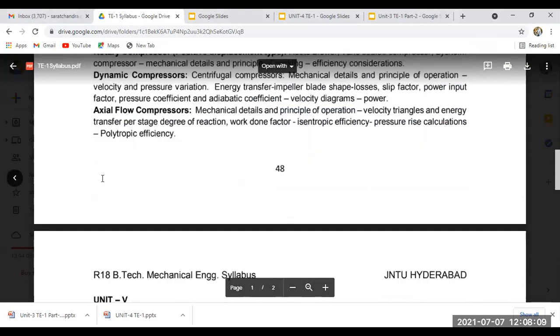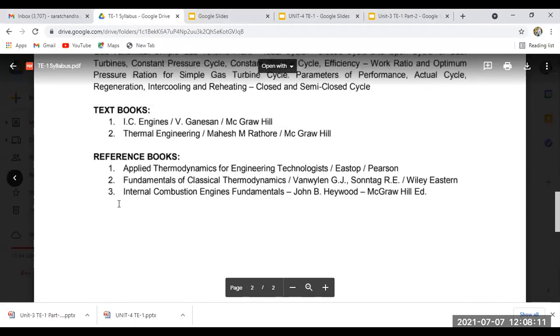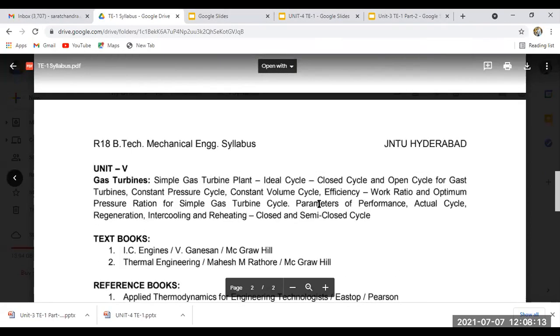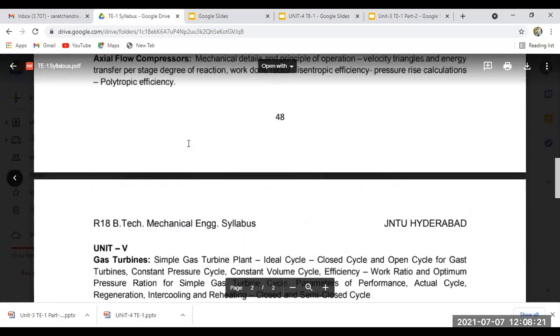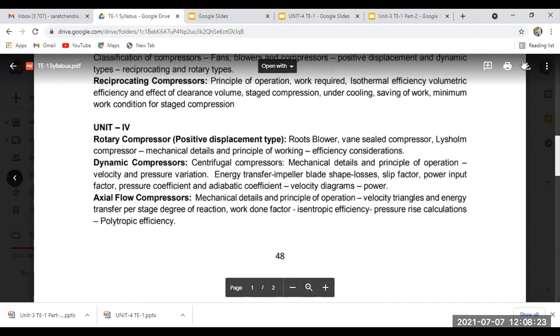And unit 5, gas turbine, also we have completed. This unit 5 notes I will post in the group tomorrow. The only unit which is left behind is unit 4. So now we are going to start unit 4. This unit 4 is also regarding compressor. In unit 3 we have seen reciprocating air compressor.